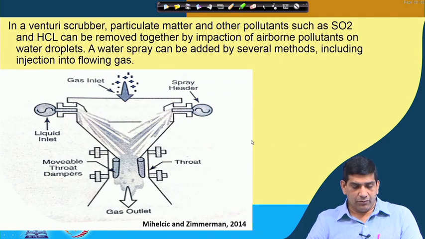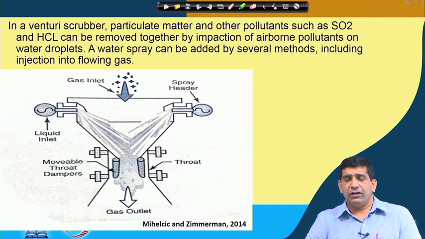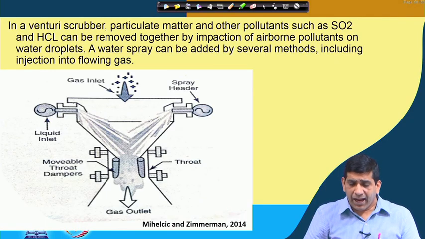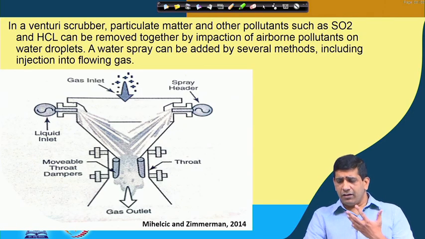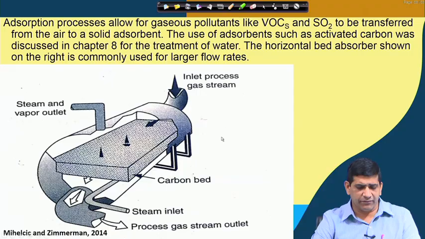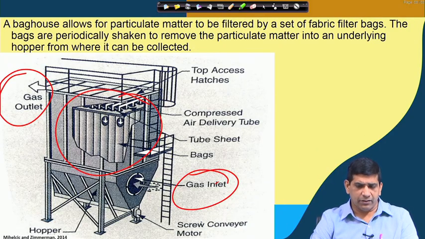So, these are different ways in which air pollutants can be and are being removed. You go to any plant, you will find different combinations of these. Baghouse and ESPs are very common, especially the first few we looked into, like the filter.